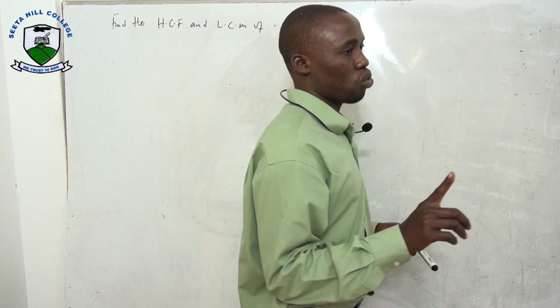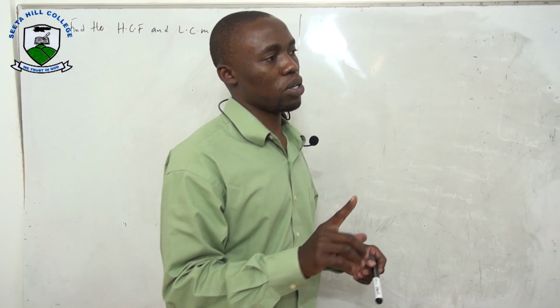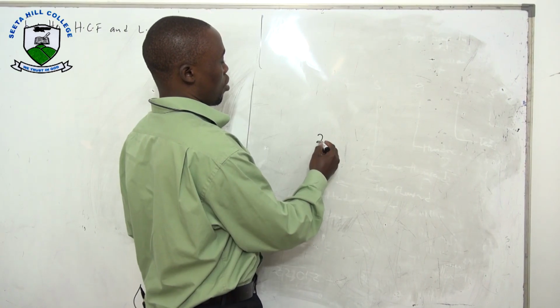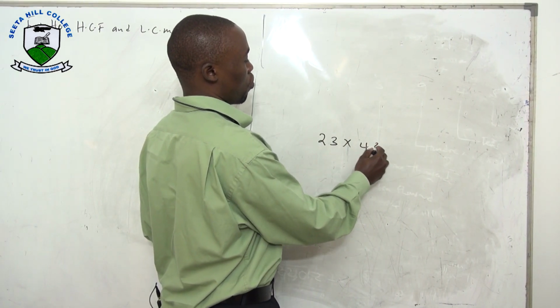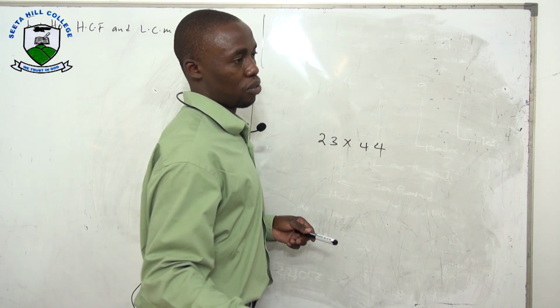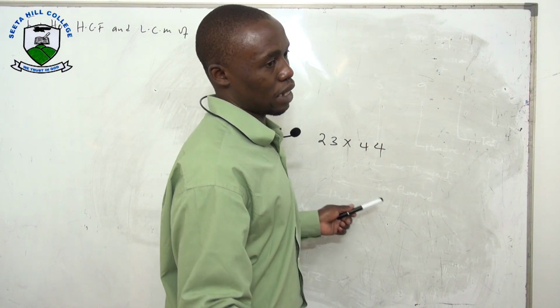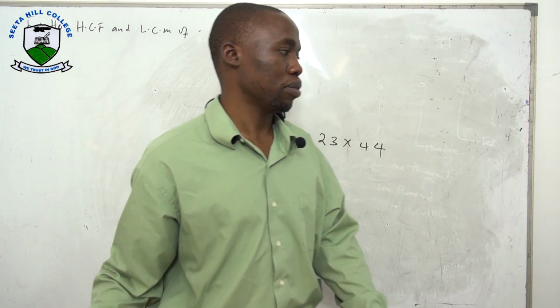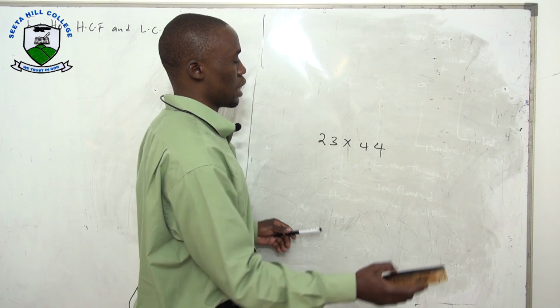I also sent you to watch how an abacus can be used in multiplication of numbers. Multiply 23 times 44 using an abacus. Abacuses are still being used in Japan and China by merchants or traders.